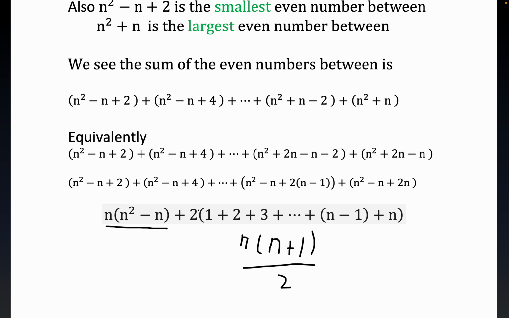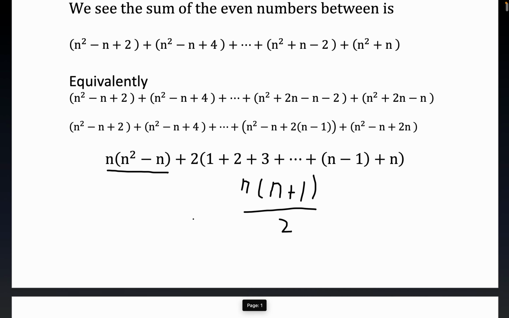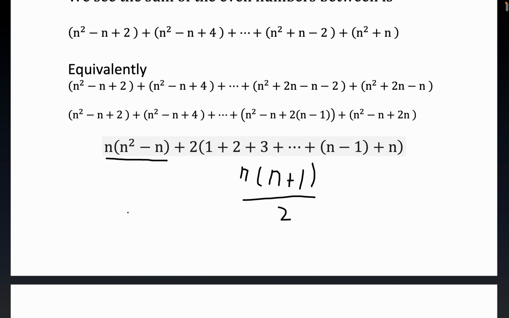But notice that's going to cancel with this 2 right here. And so you'll end up with n cubed. I'm just multiplying out this piece right here, minus n squared. Again, all I'm doing is just multiplying out this piece of it so far.